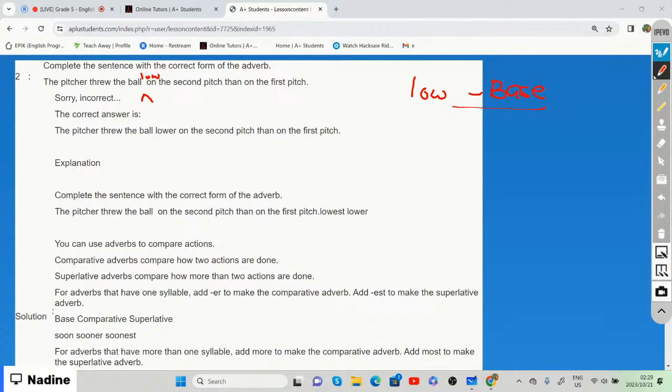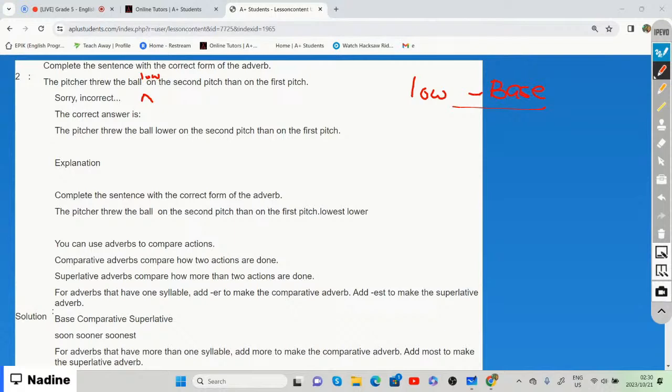So the pitcher threw the ball low on the second pitch than on the first pitch. If we look at that specific sentence, it says that the pitcher threw the ball low on the second pitch than the first pitch, which means that this is a comparative adverb, right?